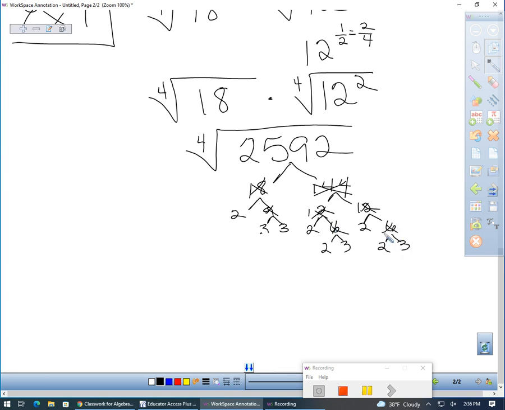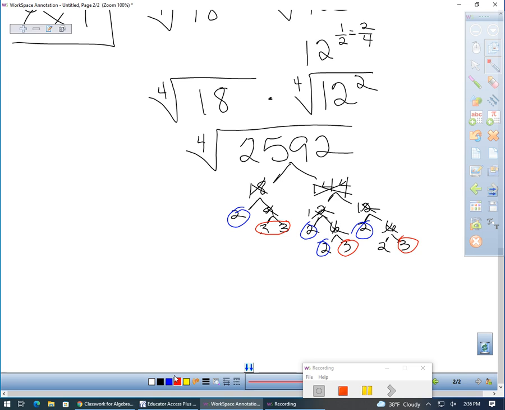Okay, so this is inside a 4th root, so how many of the same thing do I need? 4. So start with, I have 1, 2, 3, 4 3s, so I can take out a 3. And we have 1, 2, 3, 4 2s, so I can take out a 2.